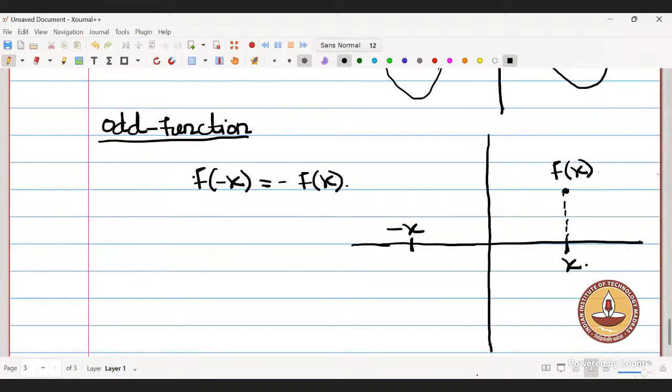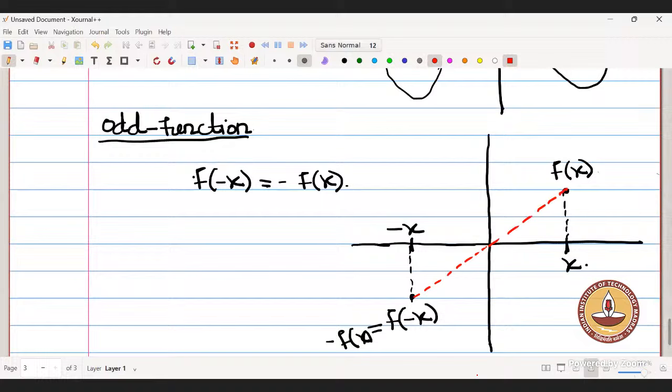If this distance is f of x, then I will get the negative of that. So I will get this one. So this is my f of minus x. And how am I getting it? By using this property, because it's saying f of minus x is nothing but minus of f of x. So if I draw the graph of an odd function, it is always symmetric about the origin. Okay.